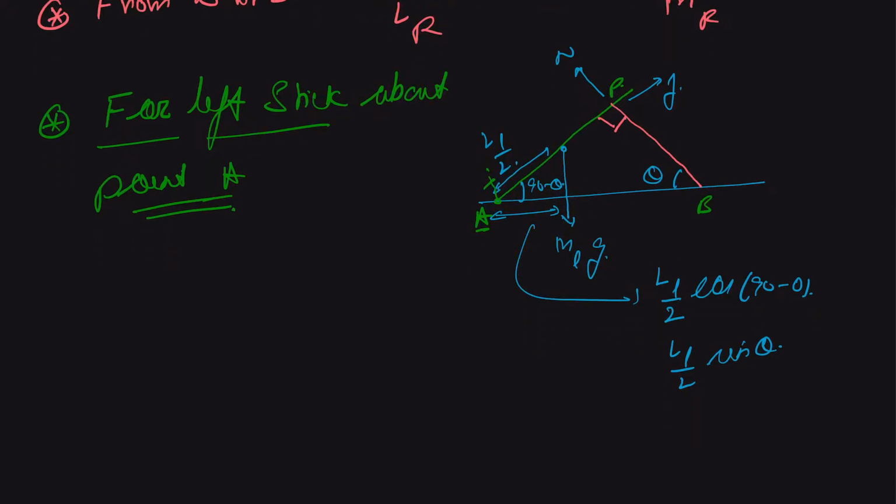we can say that the moment about point A for the left stick because of this m g, we can write as tau of g equal to m_L g multiplied by the lever arm, that is L_L and sine of theta.